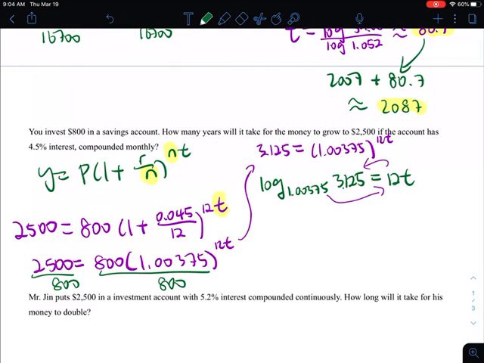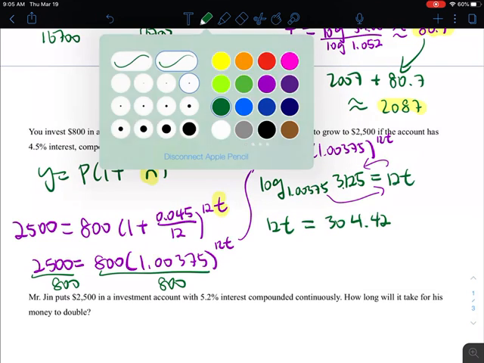Okay, so then again, let's go ahead and use your calculator. So I'm going to go ahead and type in the left-hand side, log of 3.125 divided by log of 1.00375. Okay, so I got 304.42. Again, we're going to have to do some rounding.